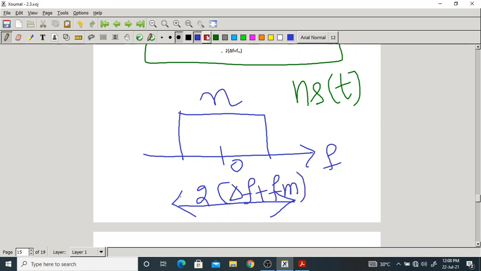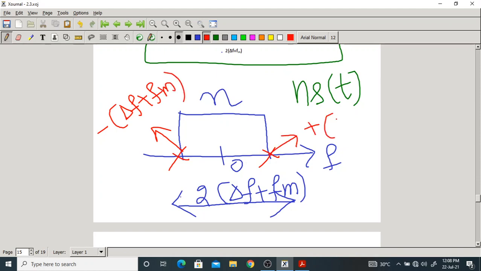But remember this. So what is this point and what is this point? This is the middle, the origin is in the middle. What about this point? This point is minus delta f plus fm. What is this point? Obviously plus delta f plus fm.